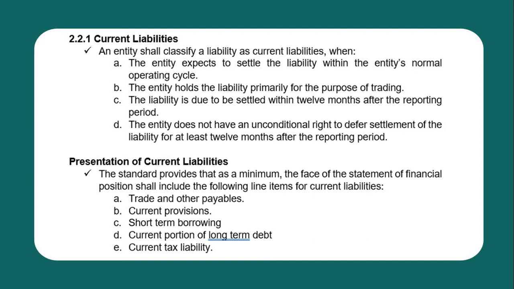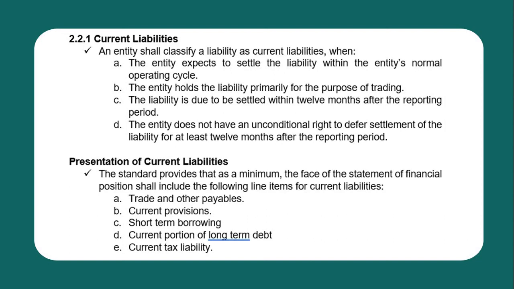So, same sa current assets kaganiha. The entity also holds the liability primarily for the purpose of trading. Take note, for the purpose of trading. Same with the current asset. And last but not the least, the entity does not have an unconditional right to defer settlement of the liability for at least 12 months after the reporting period.